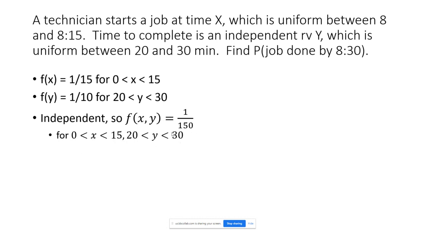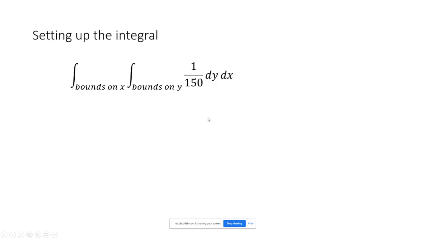All right, so now we want to use this joint density to find the probability that the job is done by 8:30. So we need to figure out what region to integrate this over. So our integral is going to look like this. We can do it as the bounds on x and the bounds on y for our two integrals.